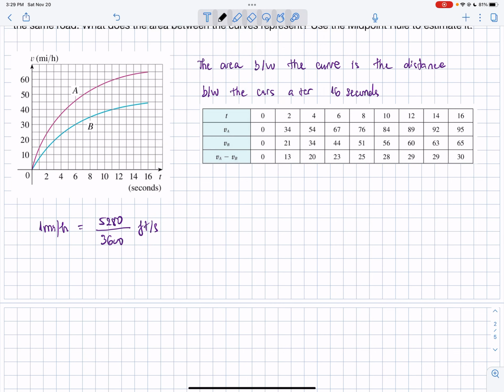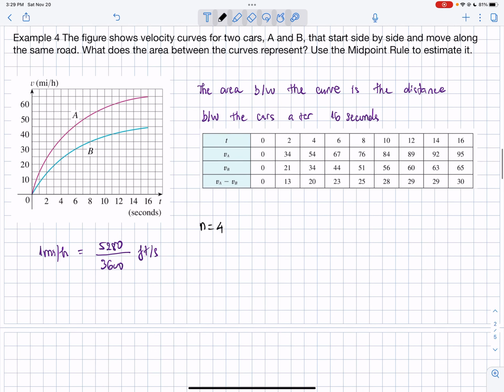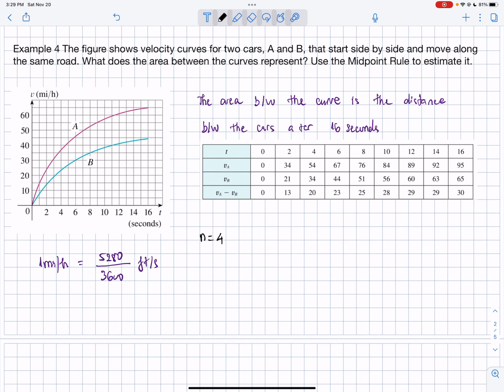Alright, so now we want to do some estimation. Let's assume that we want to have 4 rectangles, and delta t will be the width of the rectangle, which is 4, and we are using the midpoint.